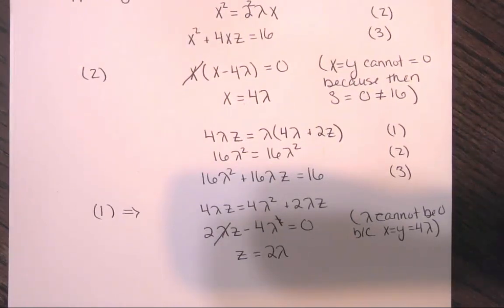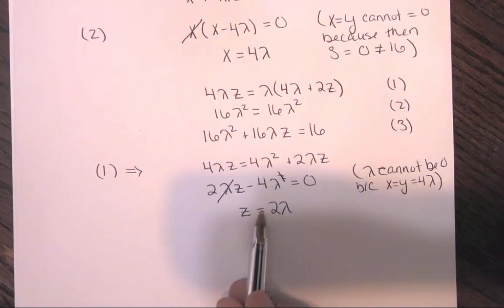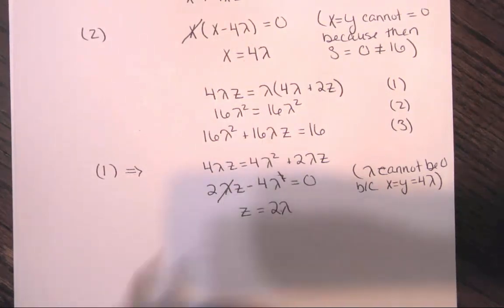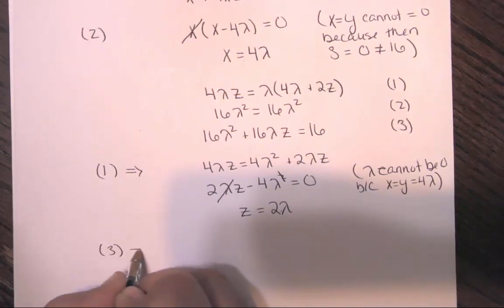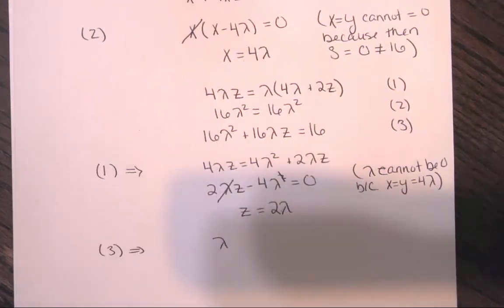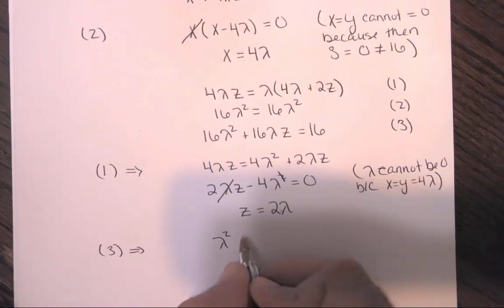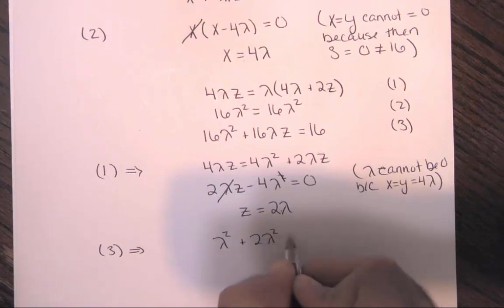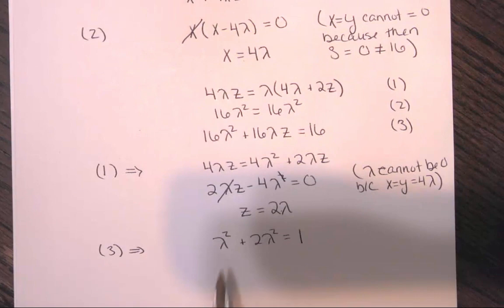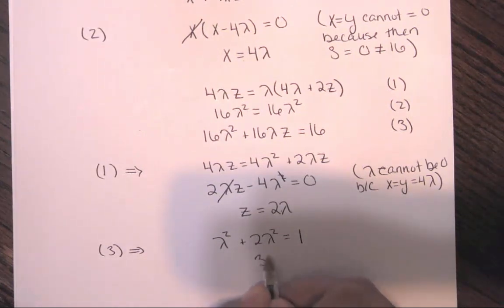Well, I've eliminated another variable. Let's plug this into 3. All right, so this plugged into 3 gives me, I can divide through by 16 here, lambda squared plus lambda times 2 lambda, so 2 lambda squared equals 1 because I divided through by 16. 1 lambda squared plus 2 lambda squared, well that's 3.